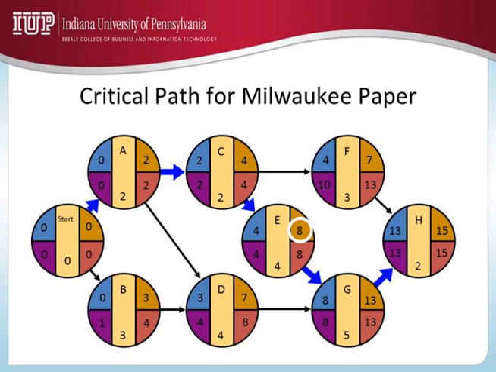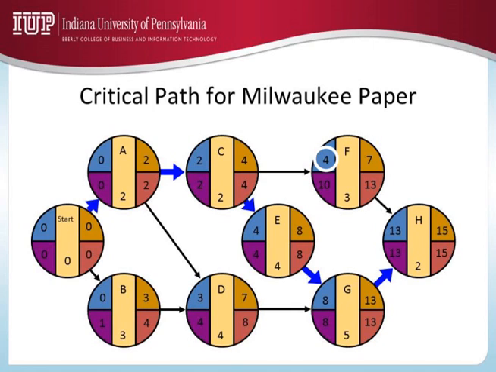These are the numbers that were on the table corresponding to the duration for each of these activities. A takes 2 weeks, B takes 3 weeks, C takes 2, E takes 4, and so on. Continuing with the earliest start and earliest finish. Let's look at F. Again simple. F has only one immediate predecessor, C, its earliest finish time is 4.